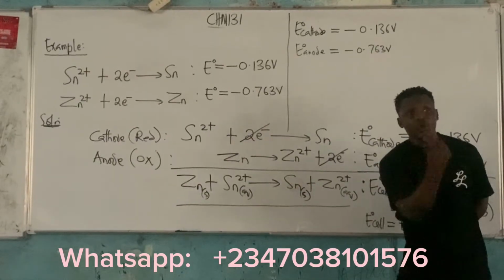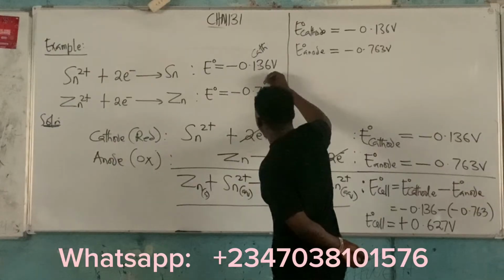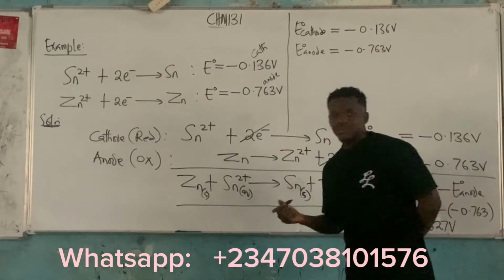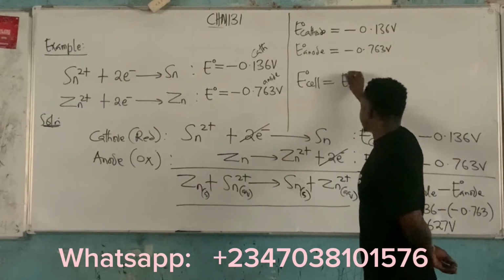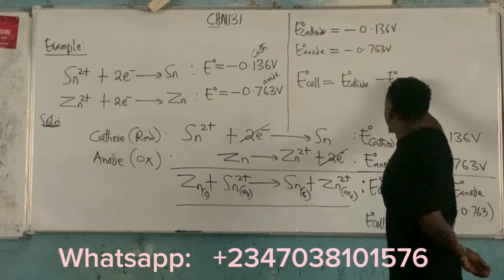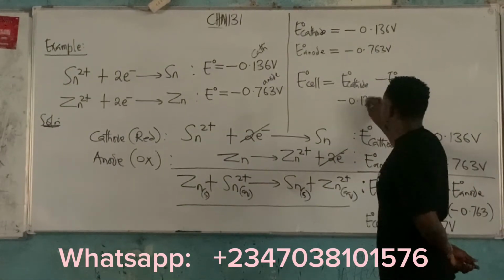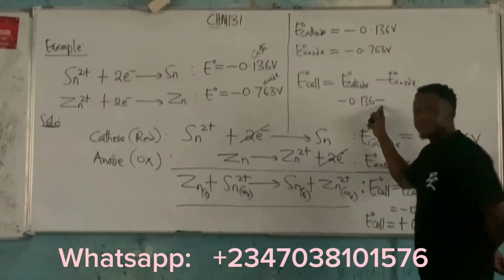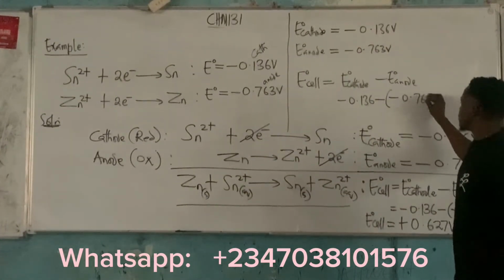If it is an objective question, I'll just come here and say cathode and anode. The formula here is always cathode minus anode. So I'll say my cathode is minus 0.136. Please don't forget this one. That is minus 0.1.